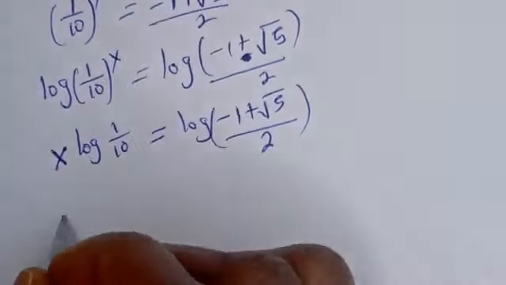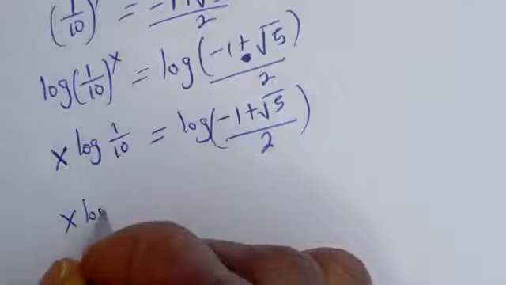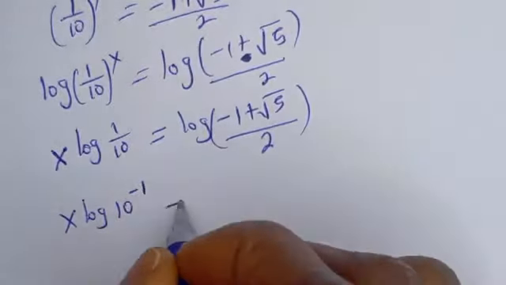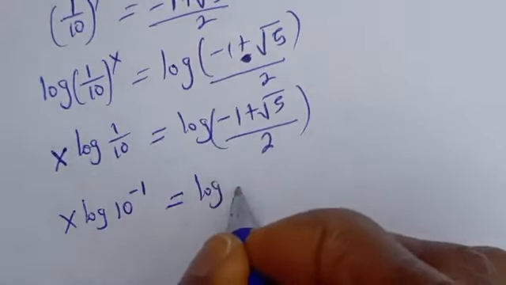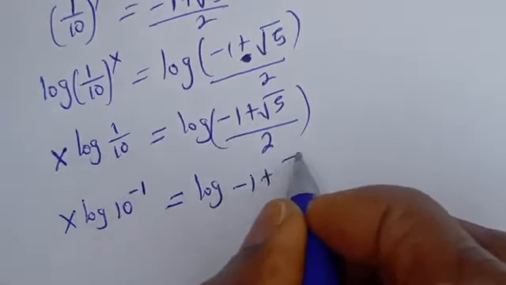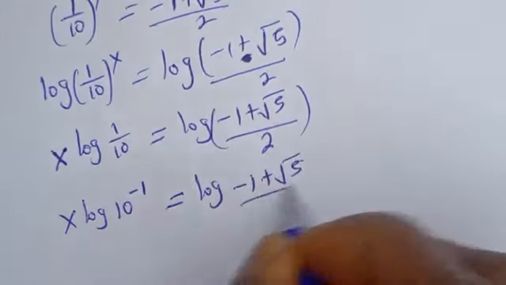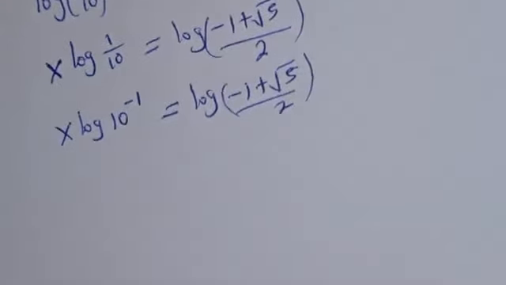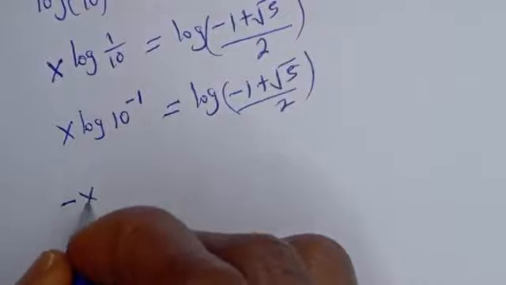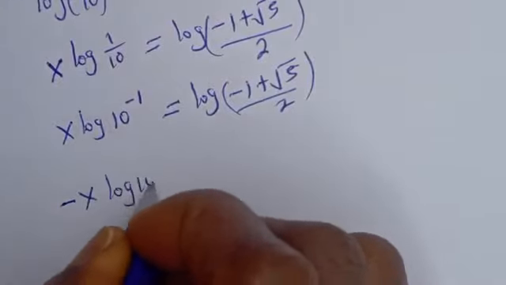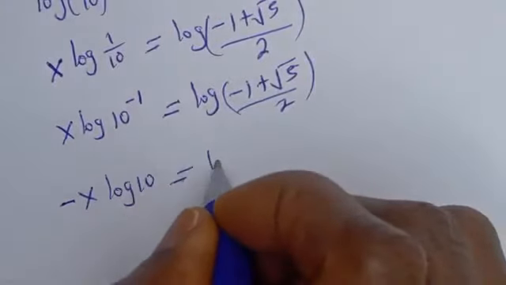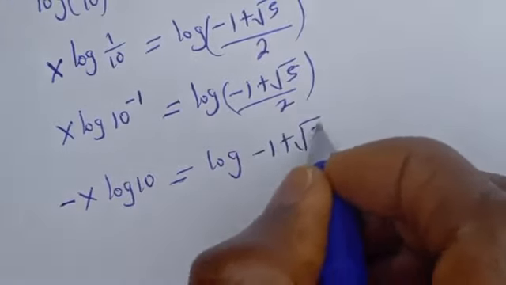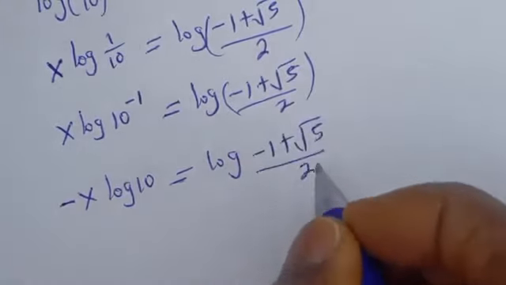Then this can be written as x log 10 to the power of minus 1 is equal to log of minus 1 plus root 5 over 2. Now this is minus x log 10 is equal to log of minus 1 plus root 5 over 2.